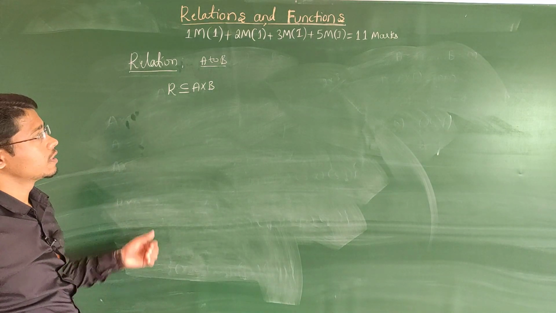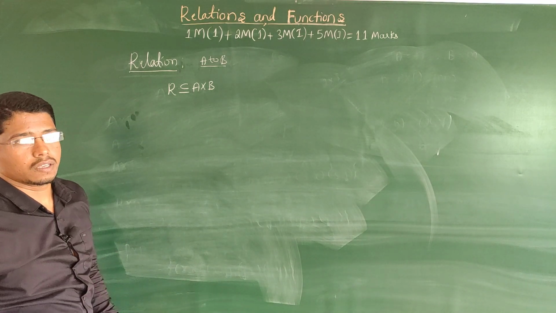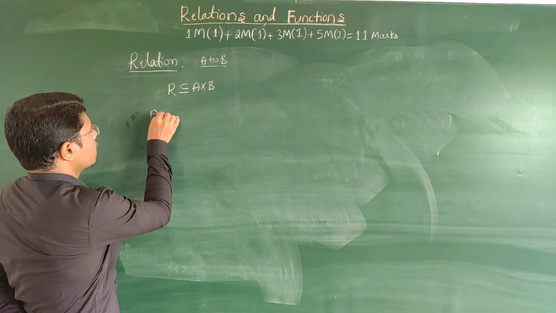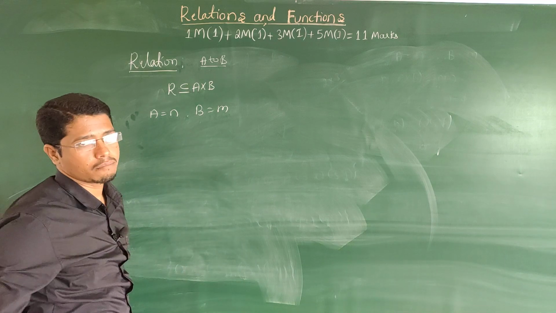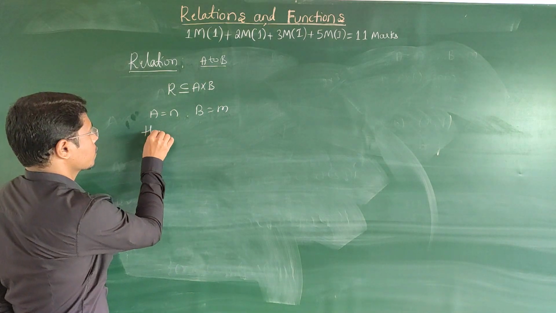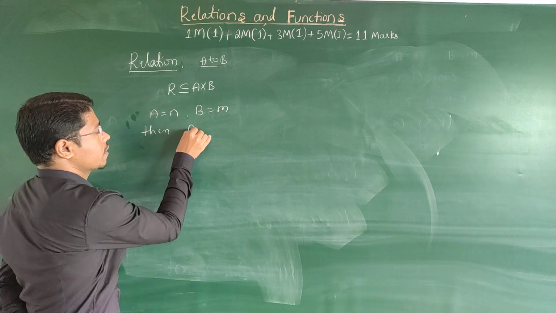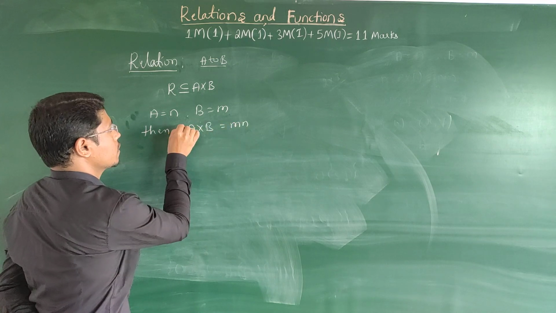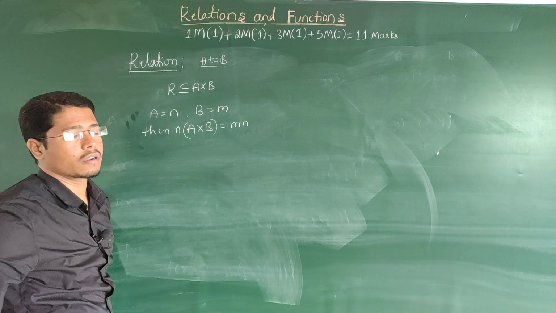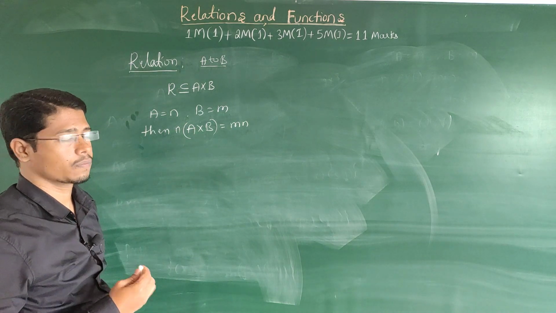So, if A contains n elements, B contains m elements, then already I said A cross B contains mn elements. A cross B contains mn ordered pairs.